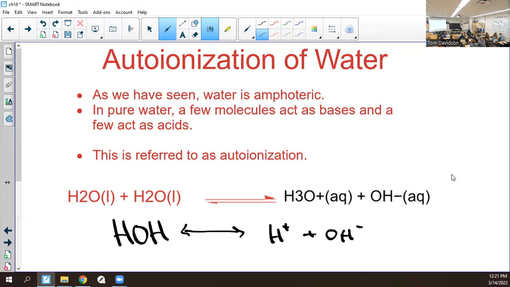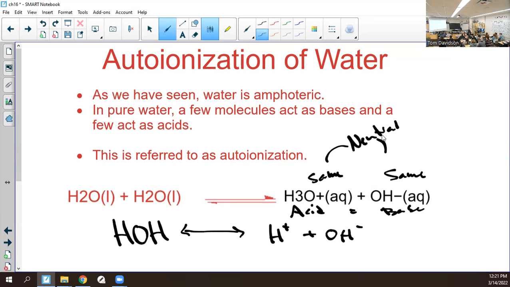Now, here we have equilibrium, where the same amount of stuff here and the same amount of stuff here are at equilibrium. So if your acid is equal to your base, what would we call that? Neutral. Water is neutral because the concentration of H plus and OH minus are the same. And it should make sense. Think about it.